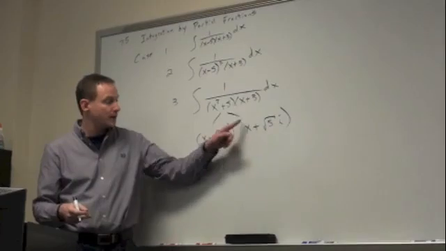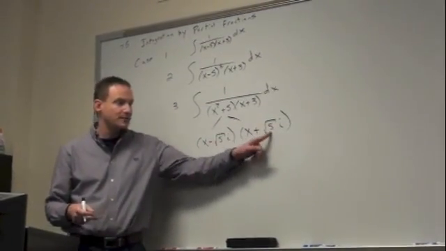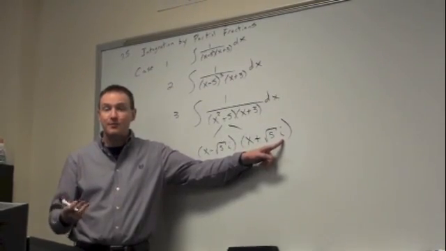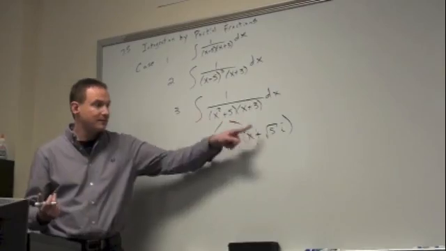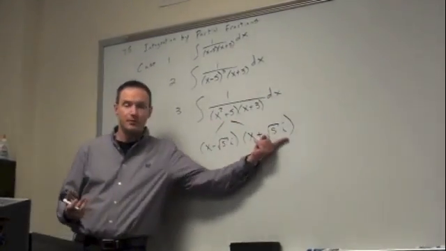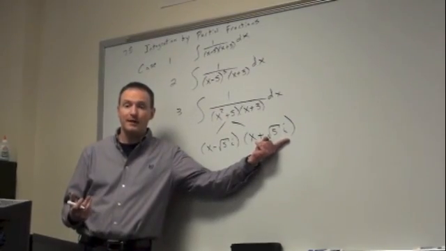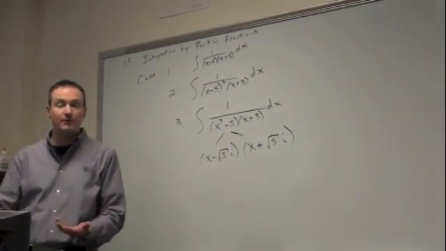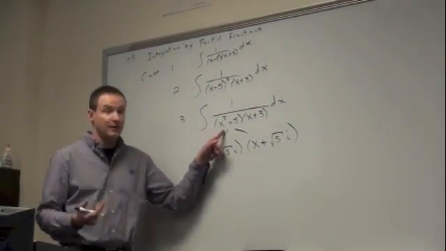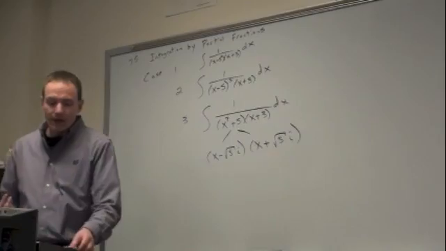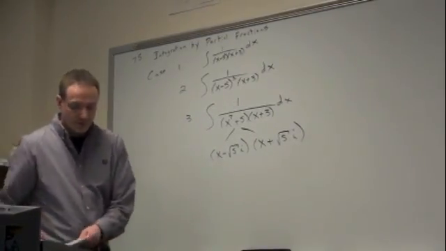You'd have x squared minus the root of 5 times root of 5, 5i squared, minus 5i squared is plus 5. This is the factorization of this term. However, that's not in the real number system. It's a complex factor. So when we're saying an irreducible quadratic factor, it means it's irreducible in the real number system.